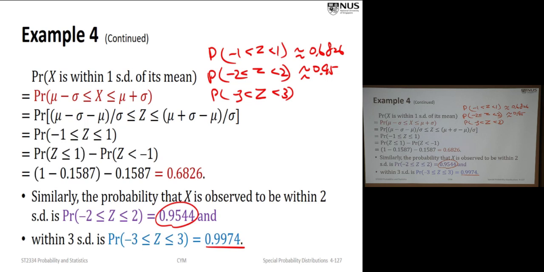So in other words, if your distribution is a normal distribution, then we believe that the chance that your random variable lies within 3 standard deviations from the mean, that means within 3 standard deviations above the mean and 3 standard deviations below the mean, the probability is 0.9974. So it's very difficult to see something outside that range, because the probability is very small.